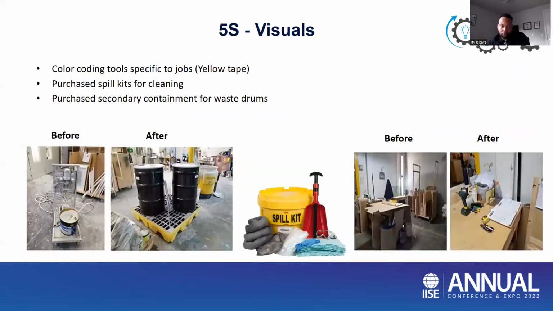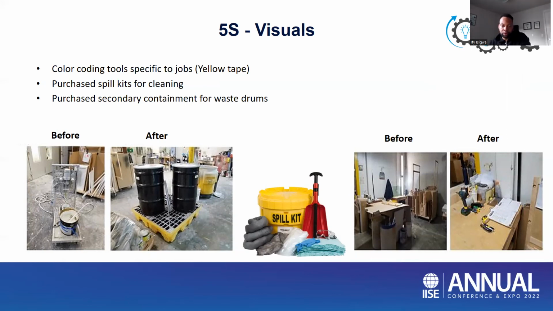We had them install secondary containment, and also get a spill kit on site that they could use to clean up any hazardous chemicals or waste that would have spilled, and then dispose of it over time.